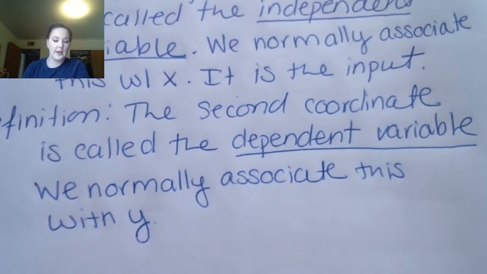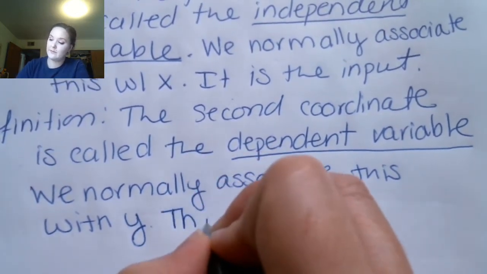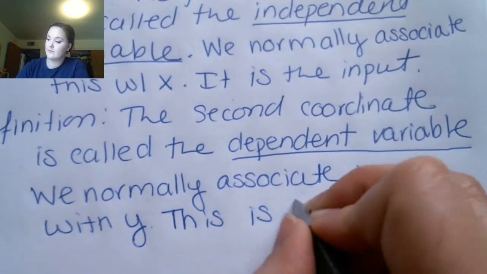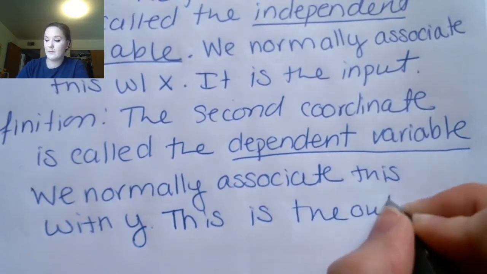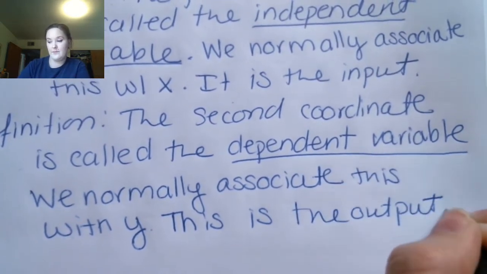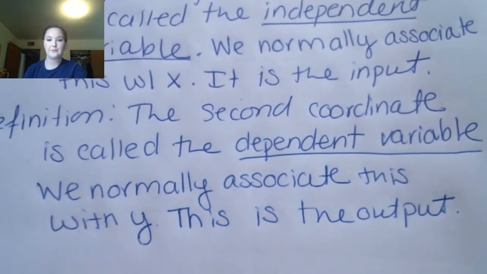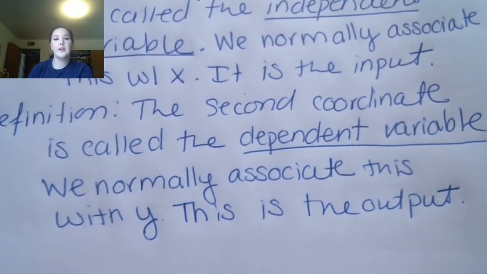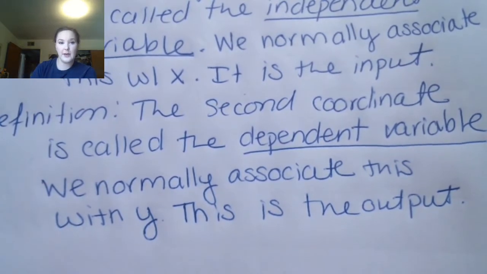And also this is the output. All right, so there's the parts of a relation. We have the first coordinate, which is the independent variable, that's the input, and the second coordinate, which is the output, that's the y variable called the dependent variable.